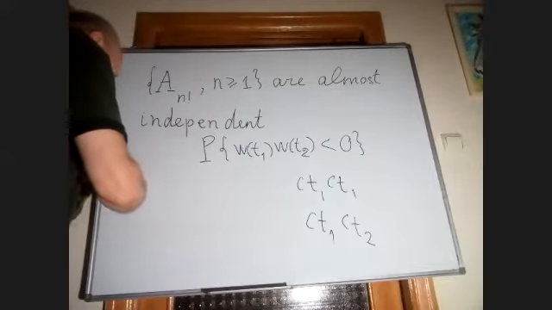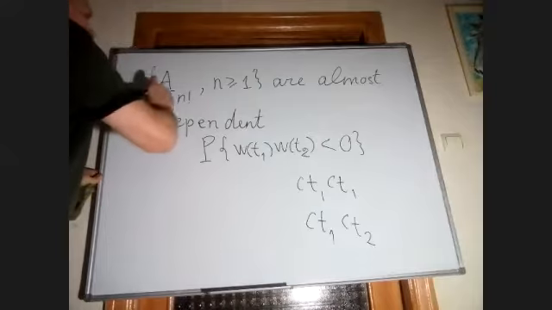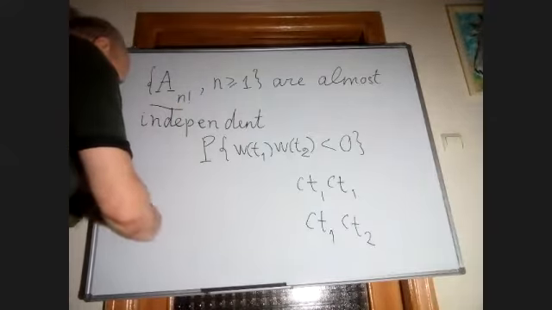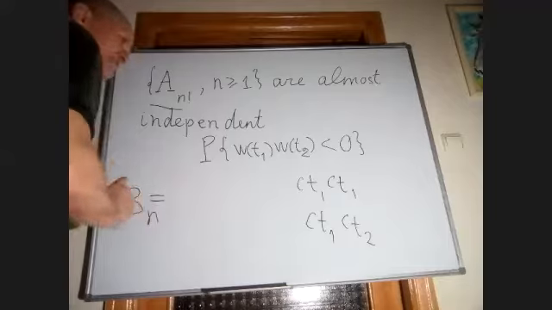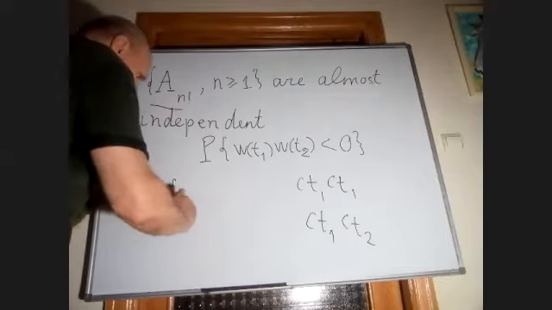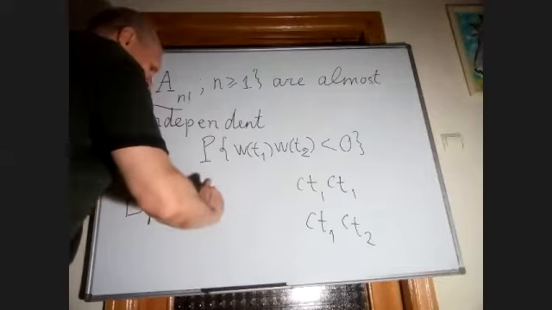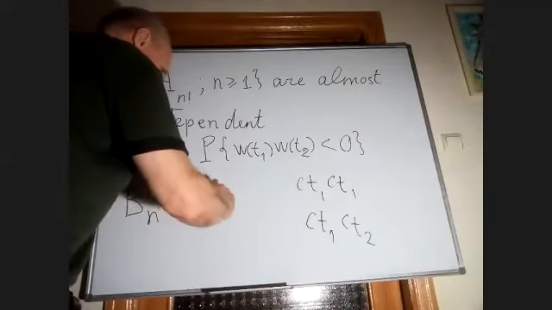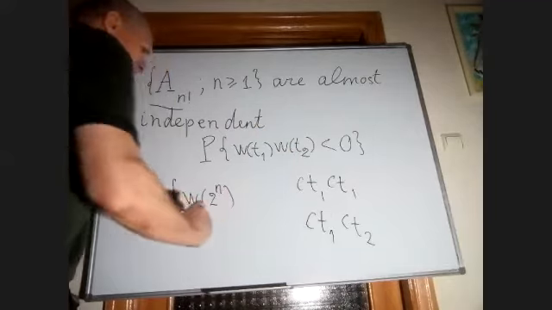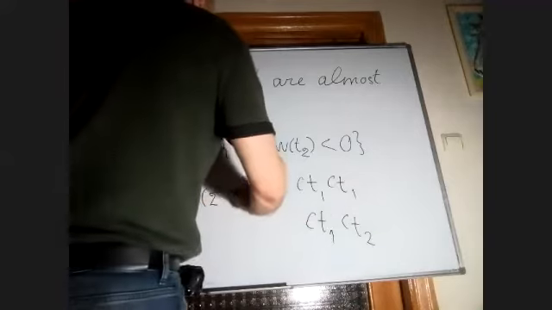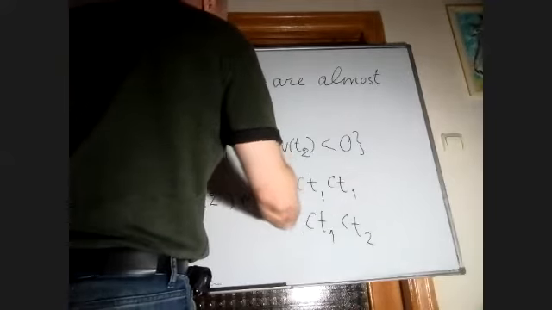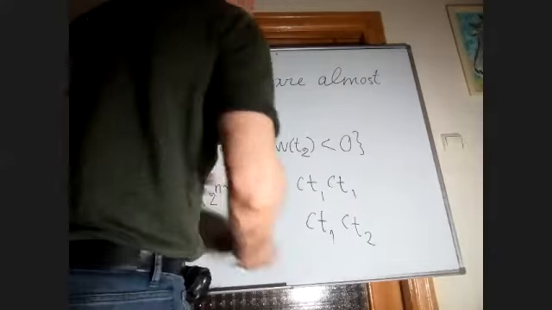So finally, we see that instead of A_n, one can consider B_n, which are equal to the event that W(2^n) multiplied by W(2^(n+1)) is less than 0.